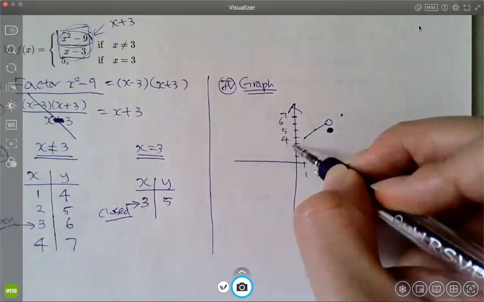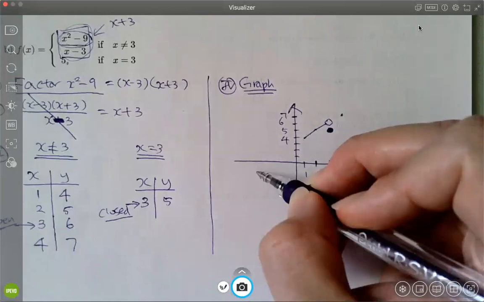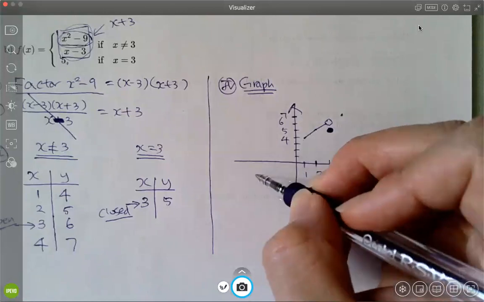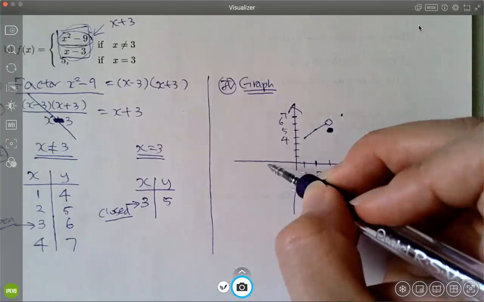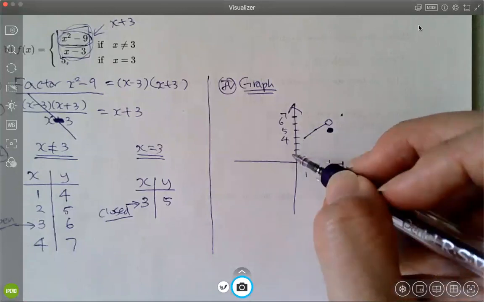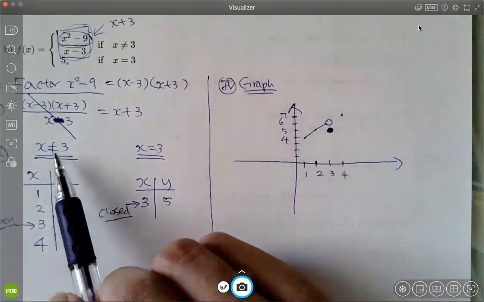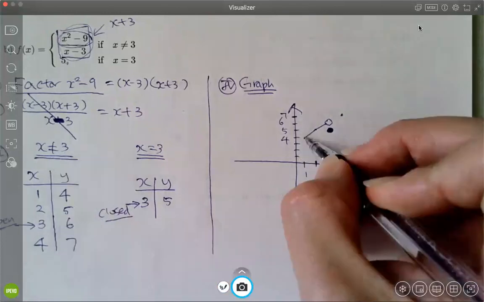Do we extend our line? Yes, we do, right? And what's the reason? Because as long as your x is not equal to 3, we have to have this line. So it goes like this, right?